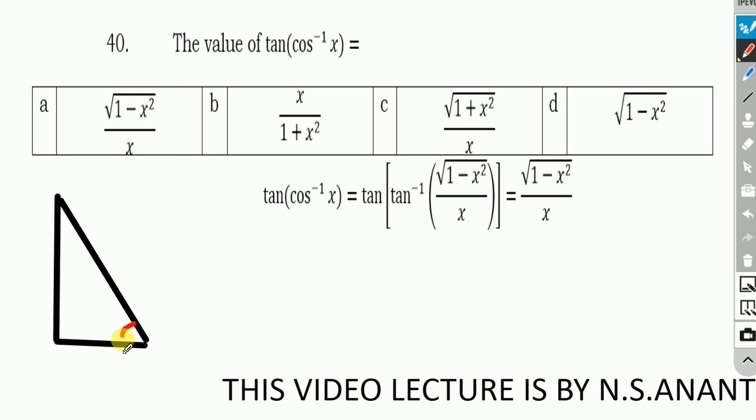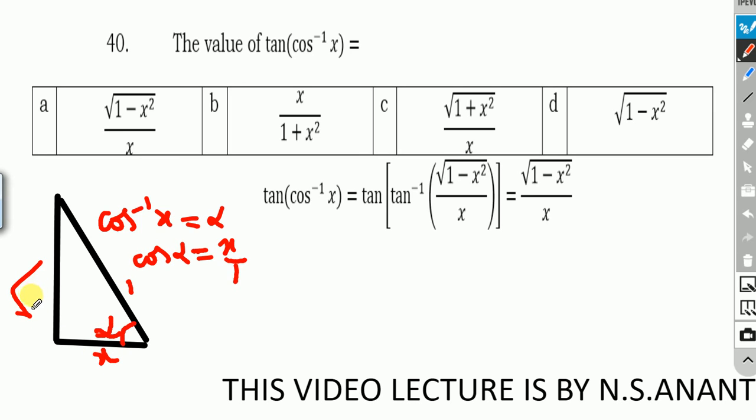Now let us take cos inverse x is equal to alpha. Then cos alpha will be x. So that is x by 1. So that is nothing but, this is x and this will be 1. So it will be root of 1 minus x square is the opposite side here.